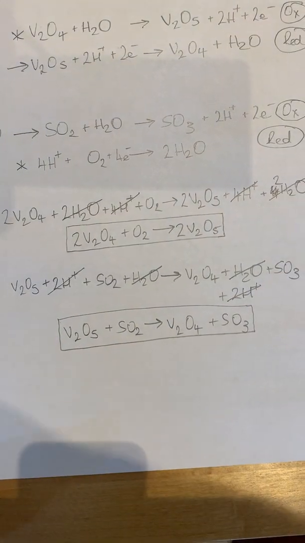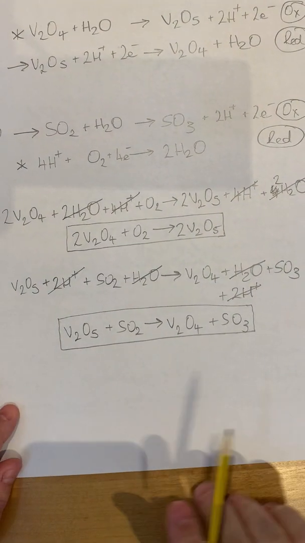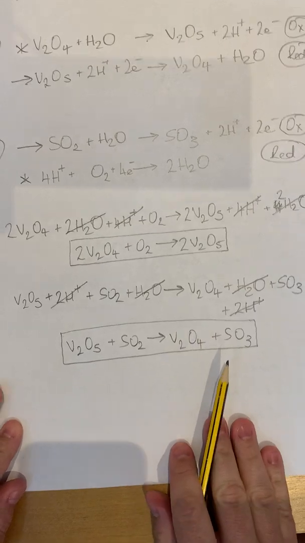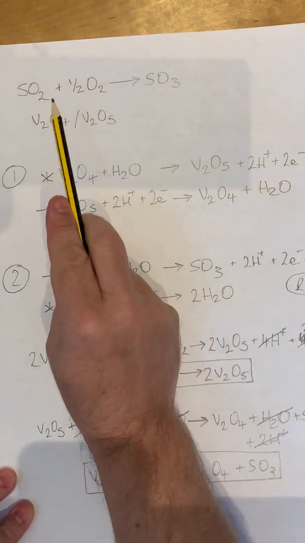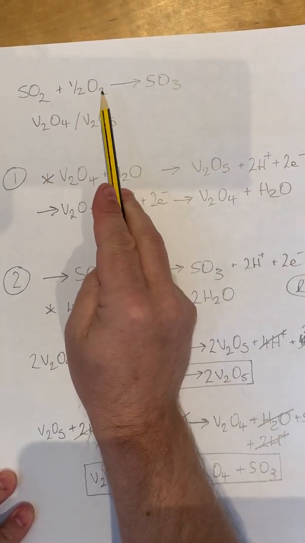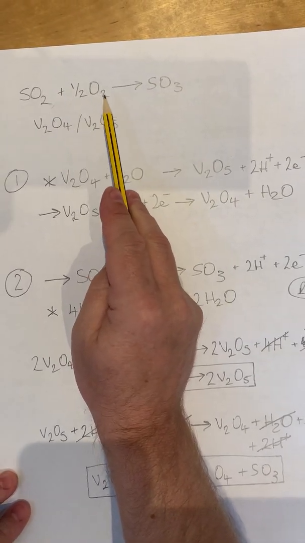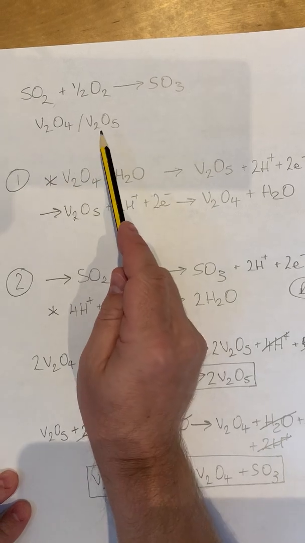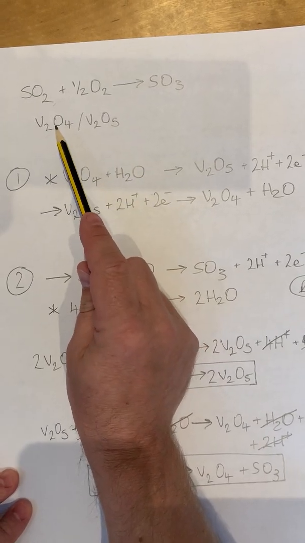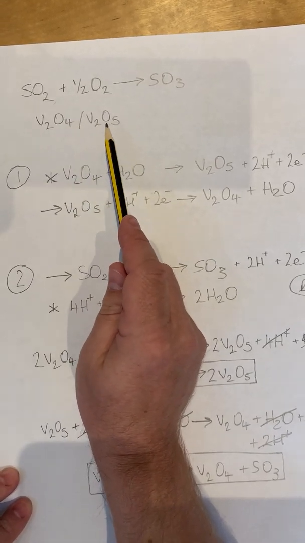Now this one sort of makes sense. You can see to convert SO2 into SO3 it needs 1 oxygen, or half a mole of oxygen molecules. And so you can see that if V2O5 turns into V2O4, that can supply that 1 oxygen that it needs.